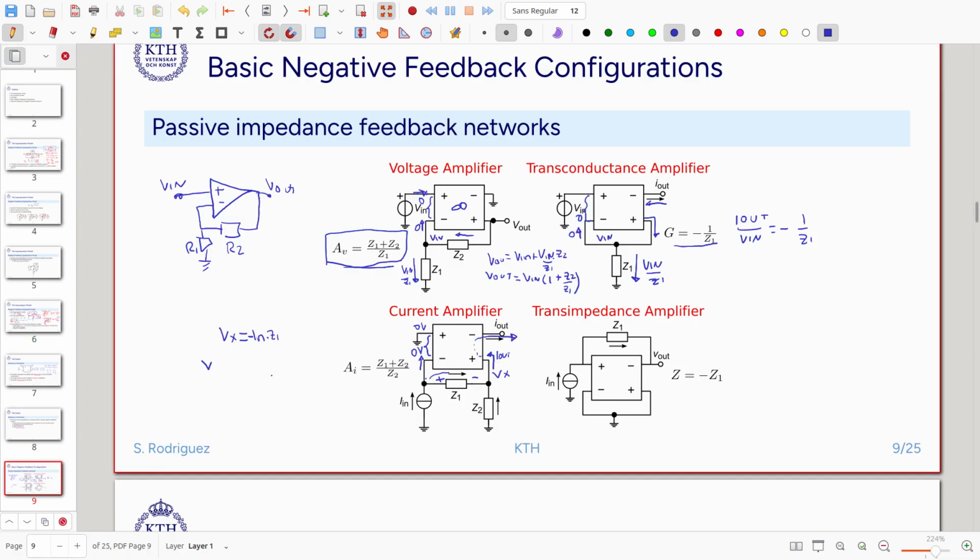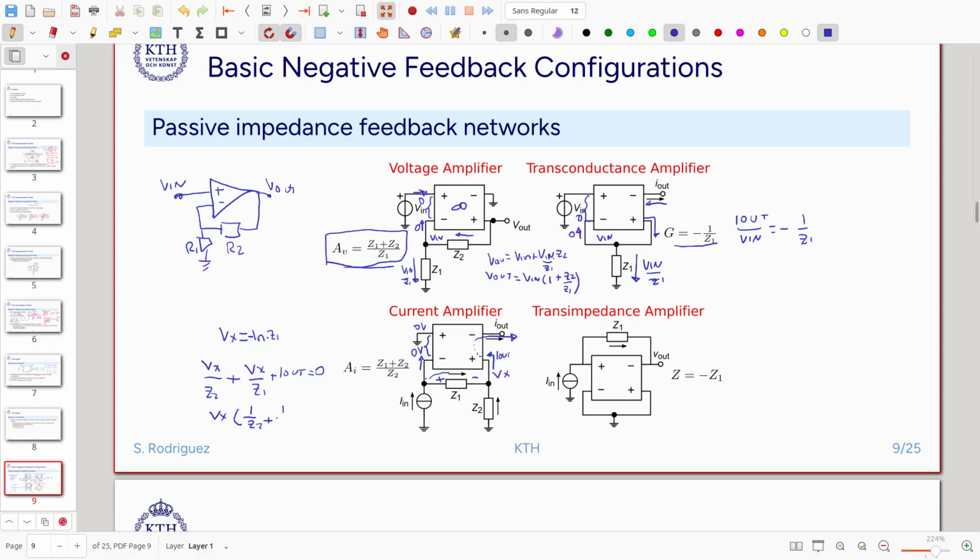So how do we calculate that current? So we use node analysis. So we have Vx, this voltage divided by theta 2 plus Vx divided by theta 1 and plus E out. This has to be equal to 0, and now we can group this.